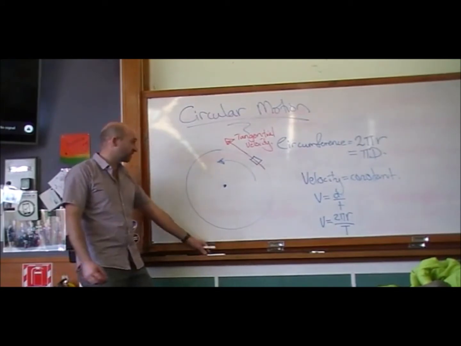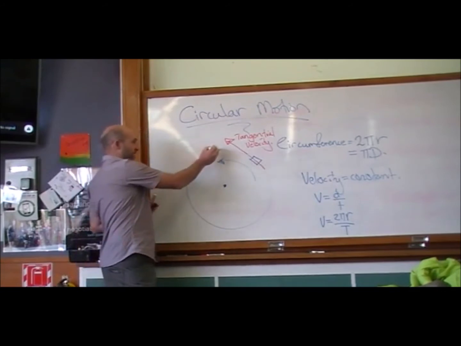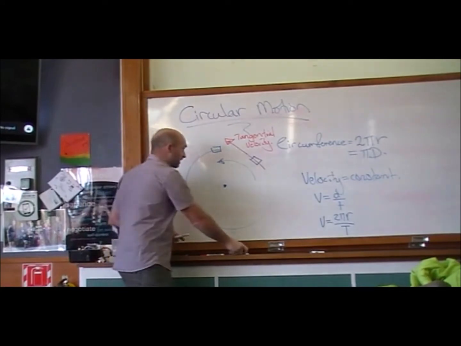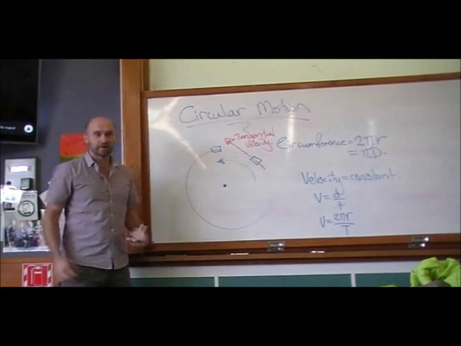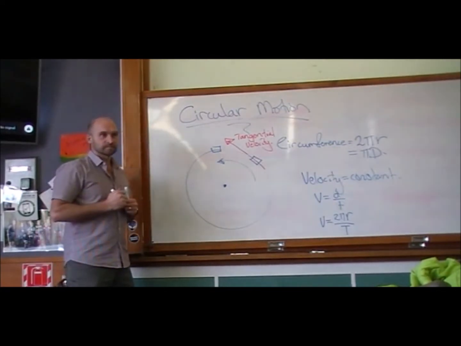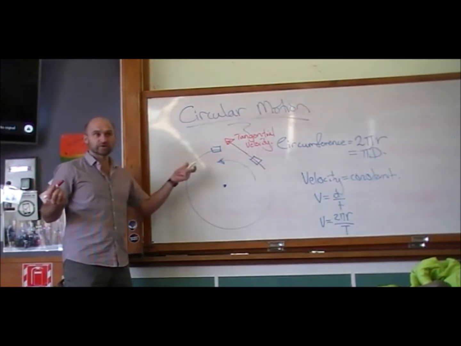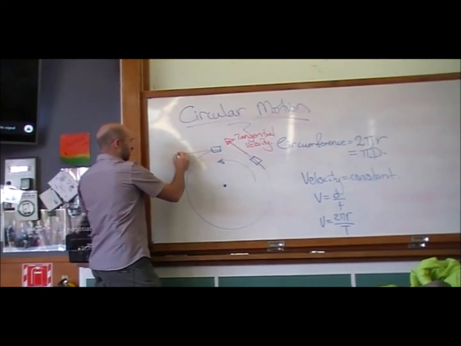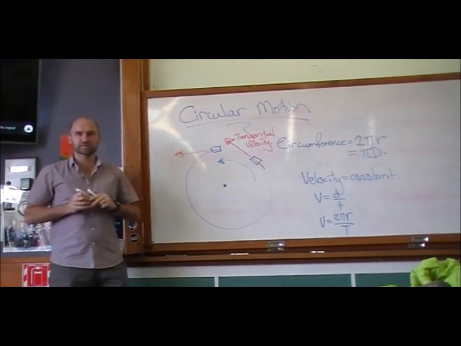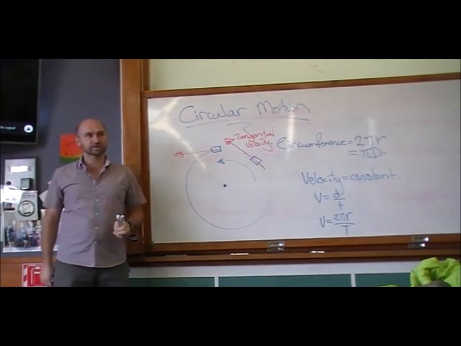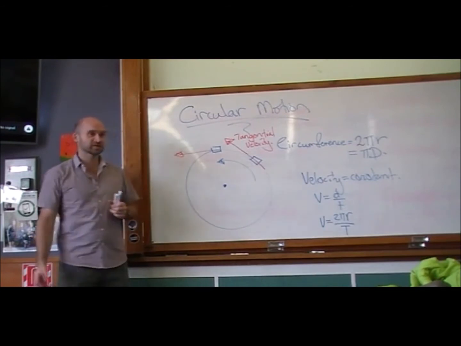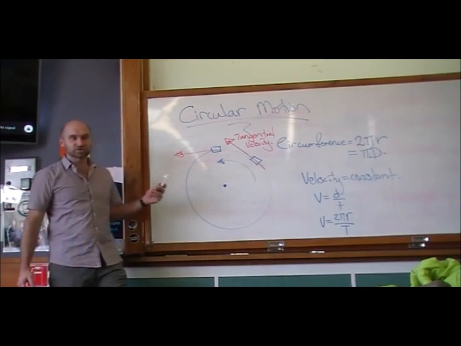So what about if we then thought about our object once it gets over to there? Where's its velocity now? How do we draw the velocity? Tangent to the circle. So it's the same length arrow because it's the same size velocity. What's changed about the velocity? The direction. It's a vector, so it's got magnitude and direction.